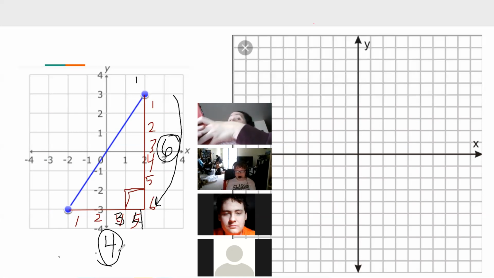And you will get a decimal here, and that's okay. We'll round it to the nearest 10th. What do you guys think? What would be the length of our hypotenuse there?